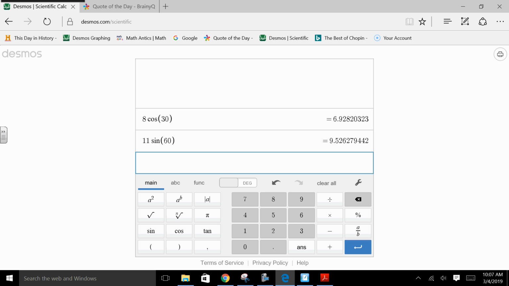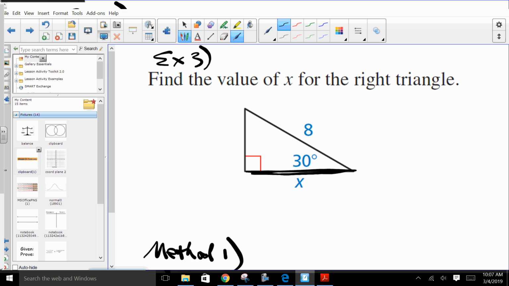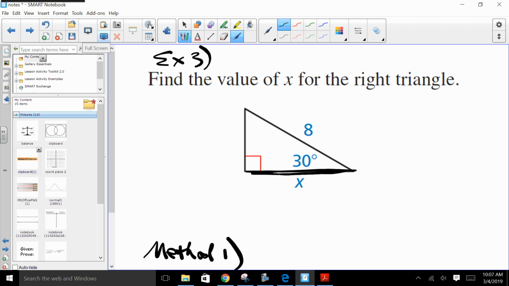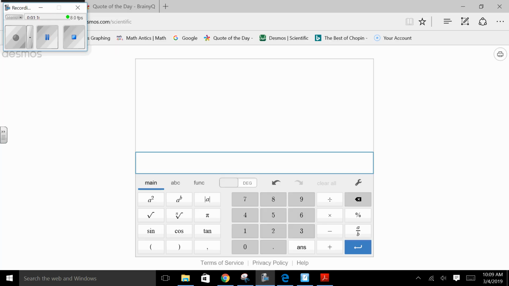Your screen should look like this, along with your notes in front of you. I'll give you about a minute to do that. Scientific calculator ready to go, just like my screen.